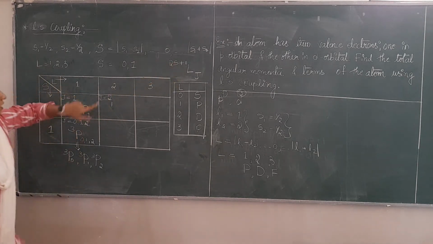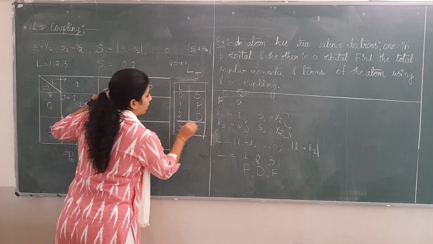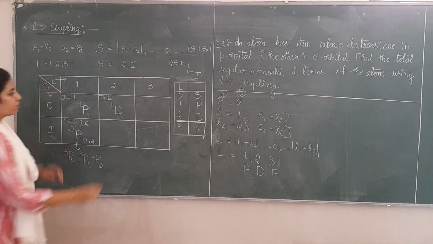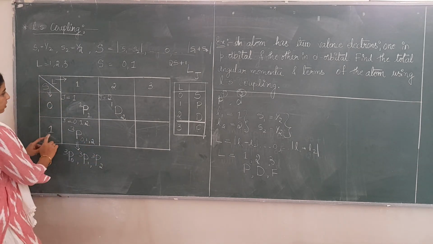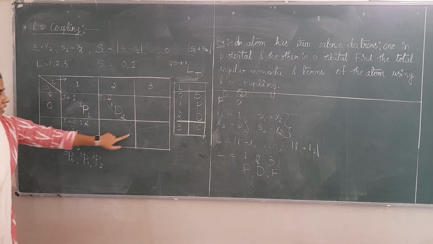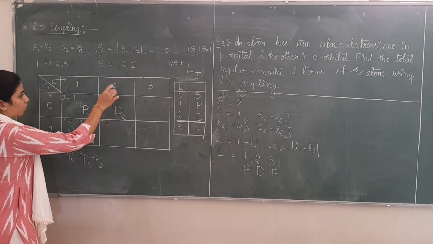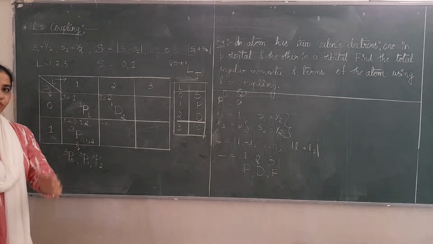When L value is 2, what is its corresponding atomic state? It is capital D. What is the value of J? It is 2. Clear? Next. S value is 1. L value is 2. So J values will be from mod of 1 minus 2 to 1 plus 2.